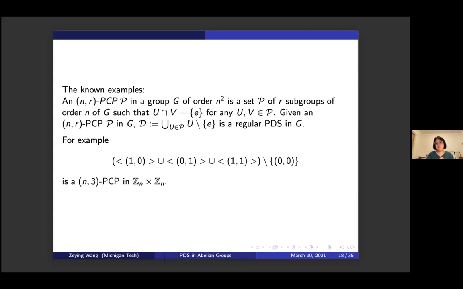If you have a set of subgroups of order n, and suppose those subgroups only share the identity element, then you take the union of those subgroups and get rid of the identity, and it is a regular partial difference set. That's the type we call the PCP type of partial difference set. Here we give an example, where those subgroups only share the identity element.